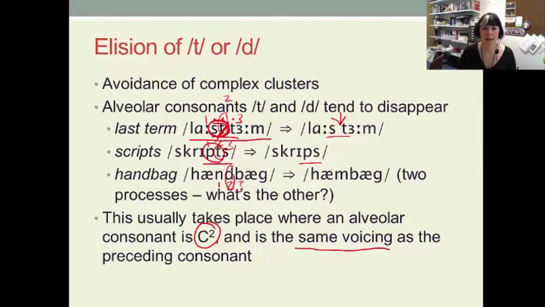The D is the second one. It agrees in voicing with the N, and so I can lose this D. I don't need the D to do clipping, and so it doesn't matter whether I lose it or not. So that's where that can take place. The alveolar consonant is the second one, and it has the same voicing as the preceding consonant.